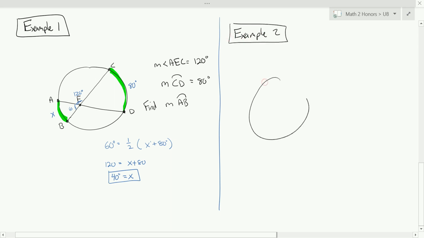Okay, this next case, I'm going to give you a circle with 2 tangents.